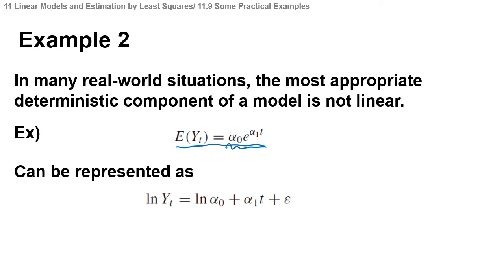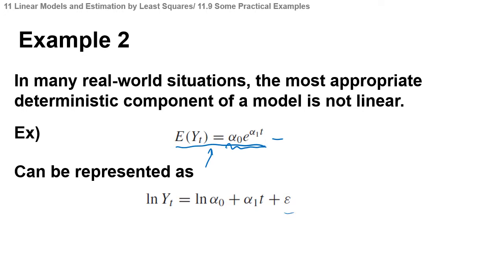We can re-represent the same equation by taking the natural log, ln. Then ln Y_t is equal to ln alpha 0 plus alpha 1 times t plus epsilon.